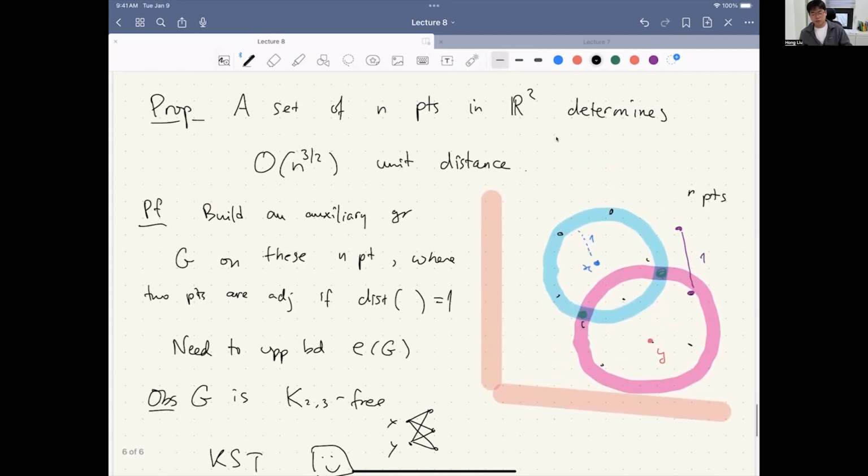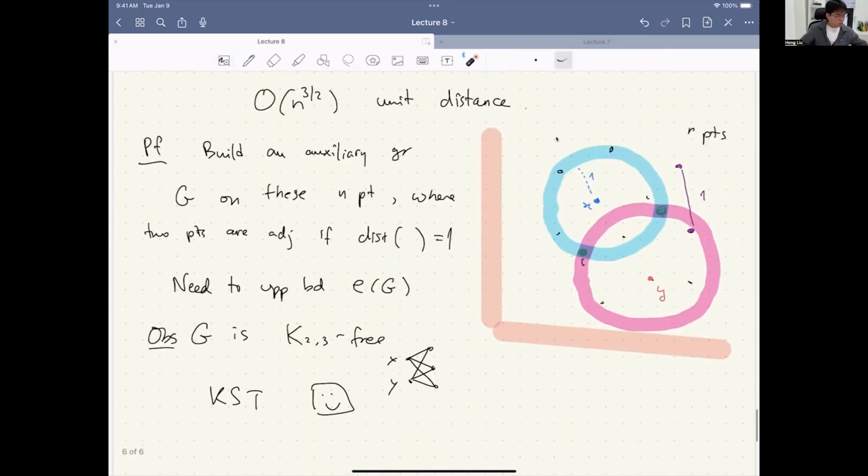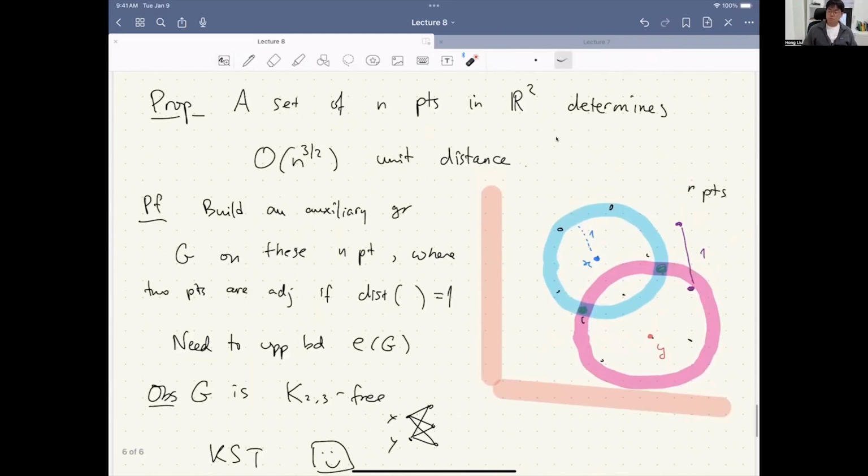KST says if you are K2,3 free, your bound is n to the 2 minus 1/2. This bound is not tight, meaning that we can improve it.